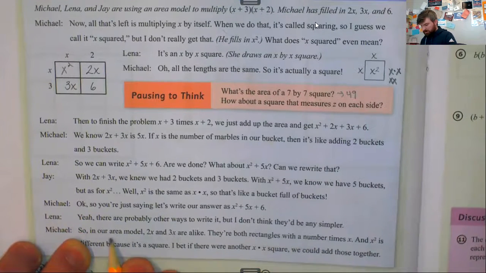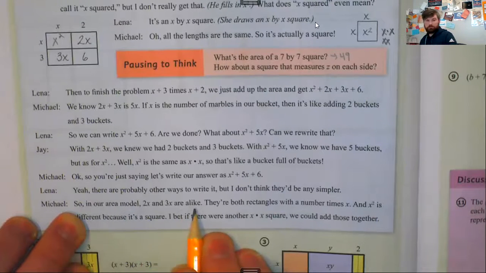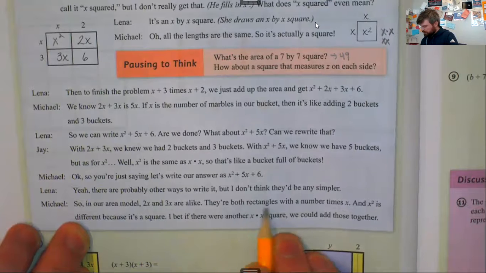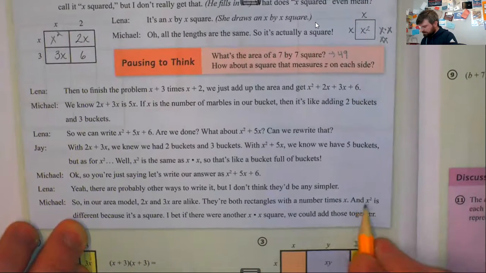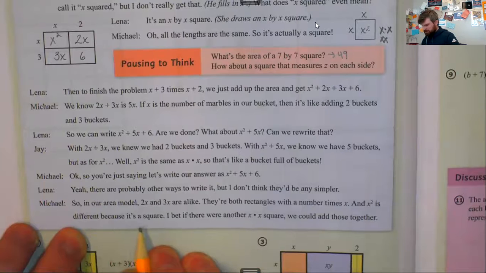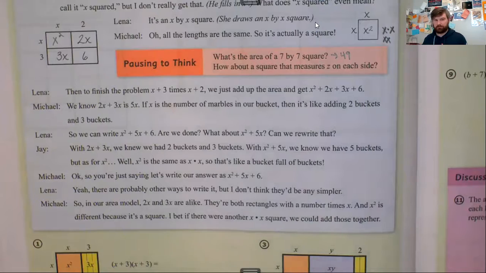So in our area model, 2x and 3x are alike, which is true. They're called like terms. They are both rectangles with the same number times x. And x squared is different because it's a square. I bet if there were another x squared, we could add those together. Yes.